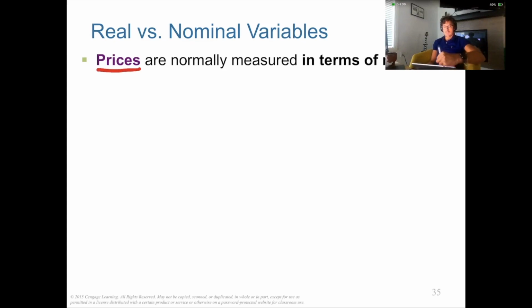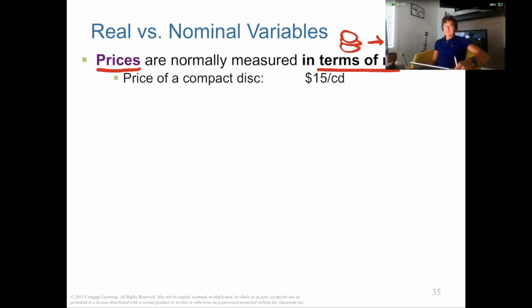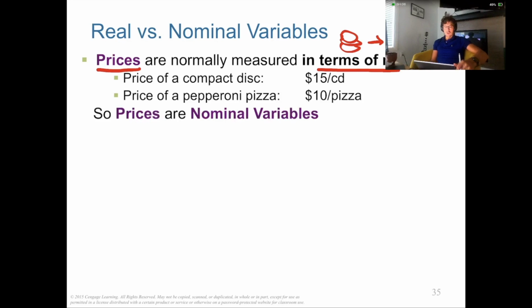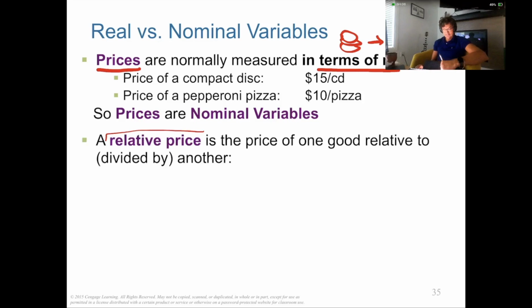Prices are normally measured in terms of money. Again, you have one good, say a burger, and the price is given by the amount of money you have to give in order to get that good. Price of a compact disc, for instance, $15 per CD. Price of a pepperoni pizza is $10 per pizza. So prices are in general nominal variables. But relative prices are instead measured in physical units and tell you the price of one good relative to another good.